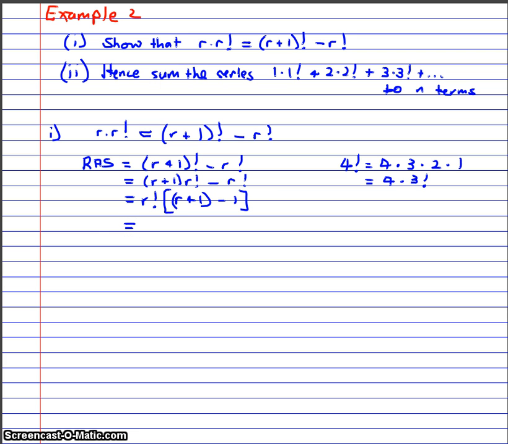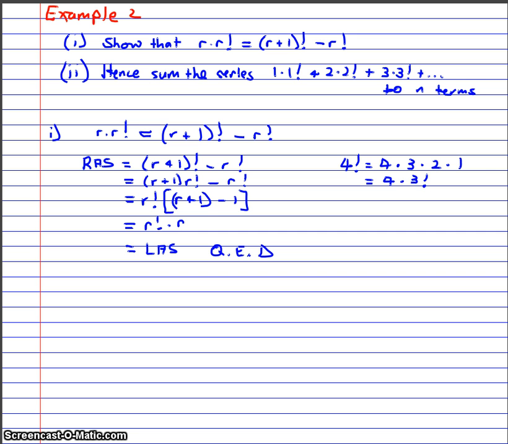If we were to simplify that, that becomes r factorial times, well, plus 1 minus 1 cancel, we're left with just r. And then that we can see is equal to the left hand side. And so then it's proven. That's what we needed to do. So QED, to show that we've proven what we were required to prove. So that's the first part.